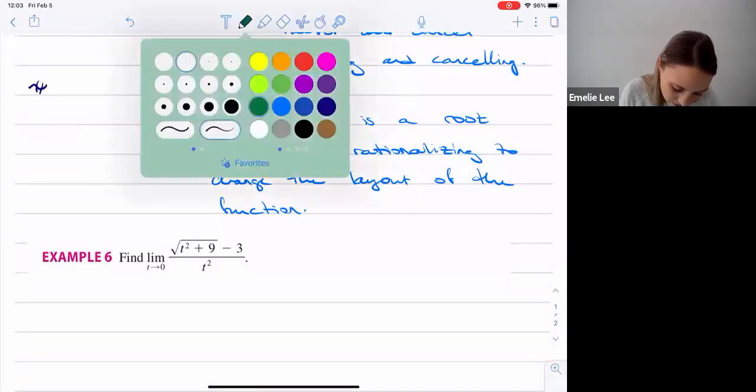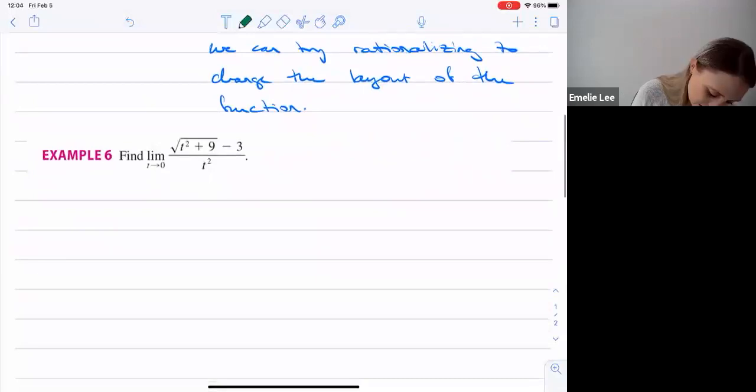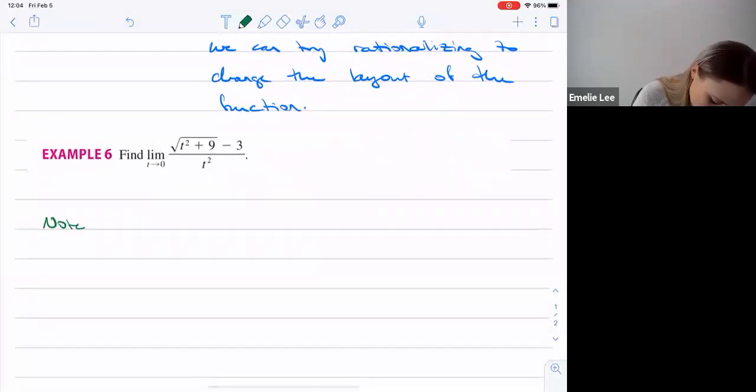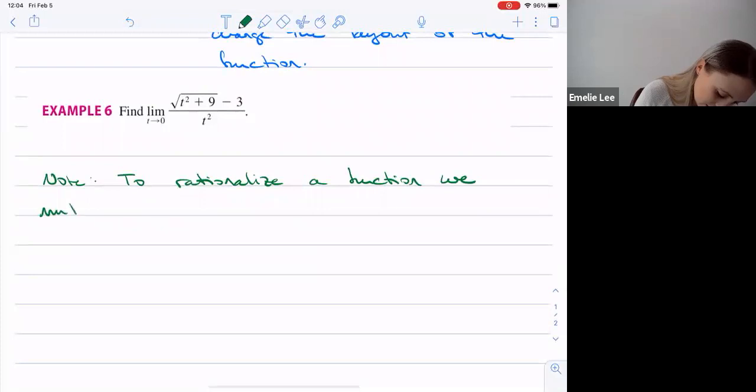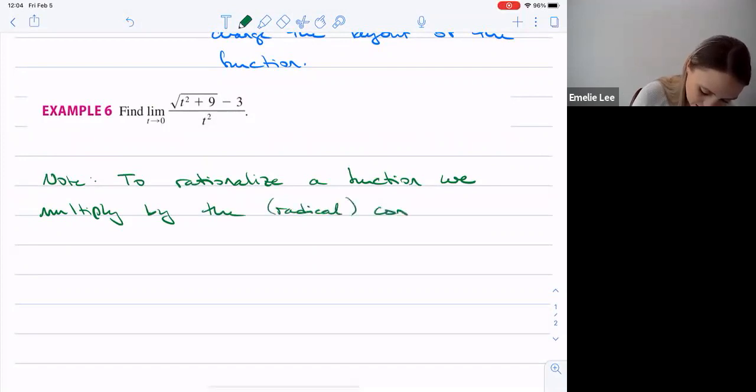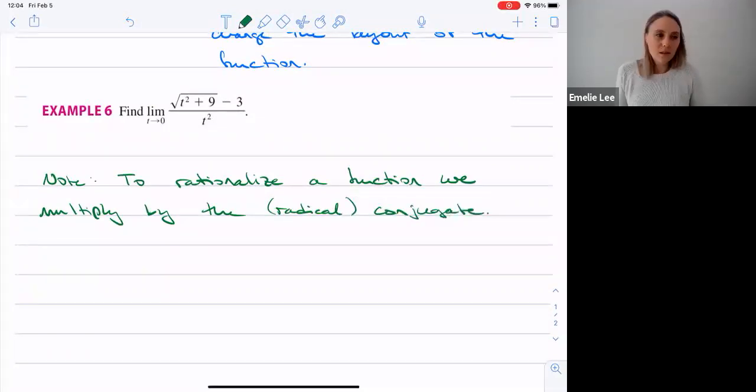So I'll just write a note here: to rationalize a function, we multiply by the conjugate. I'll say radical because that's technically what it's called, radical conjugate, but I'll just call it the conjugate.